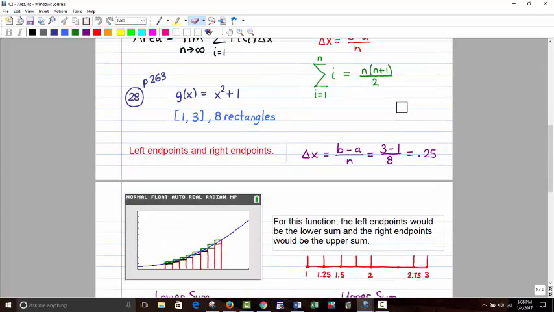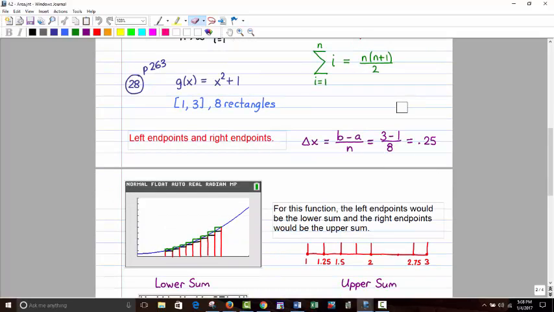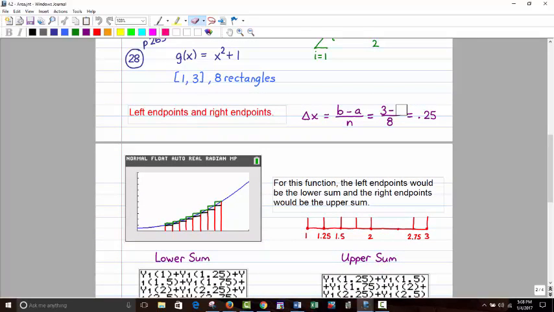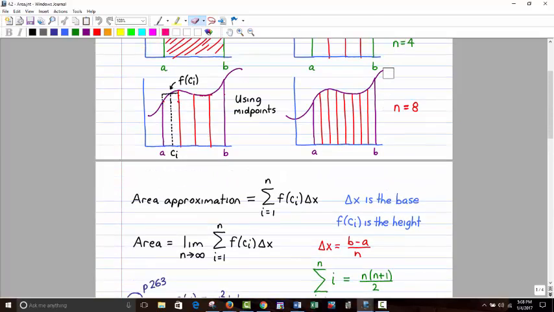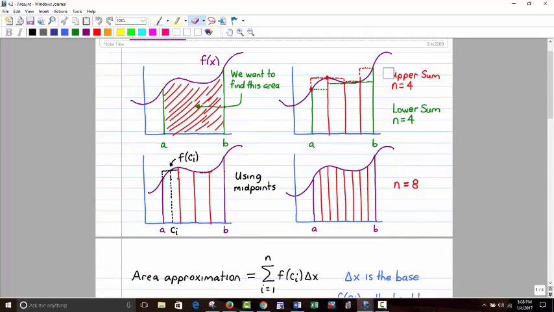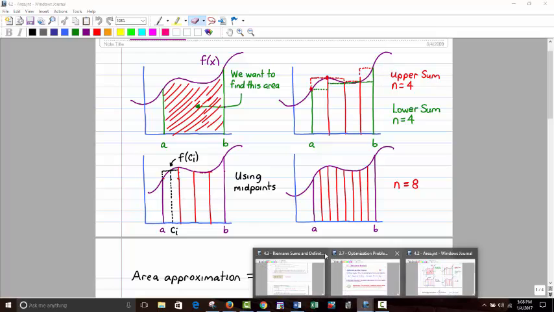Essentially, if you increase the number of rectangles while you're decreasing the width, to where you essentially have just a bunch of solid lines that fit right underneath there, adding up those solid lines would fit that curve perfectly and would be the right way to evaluate that integral.